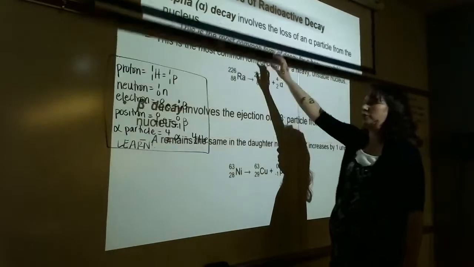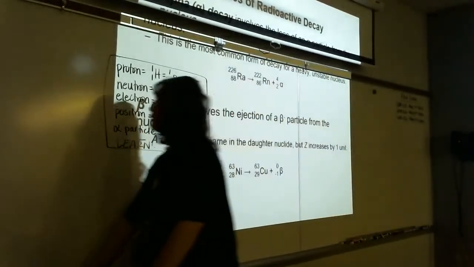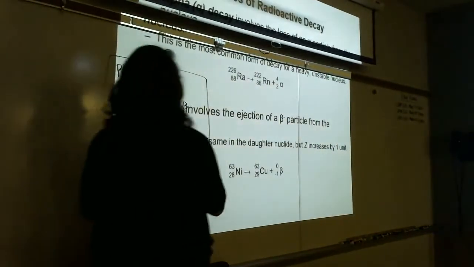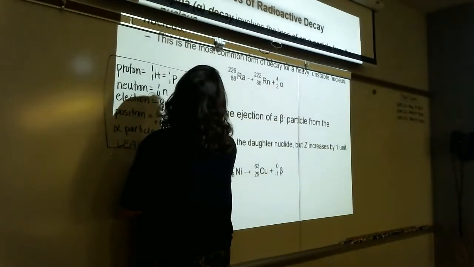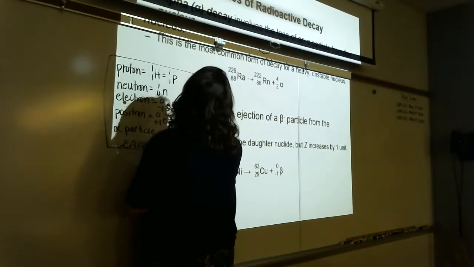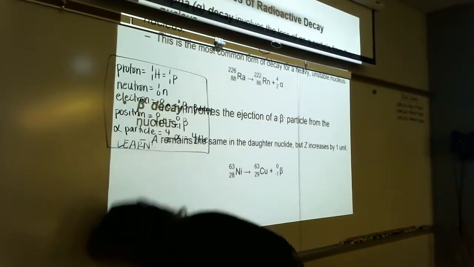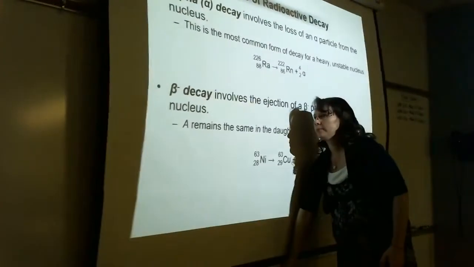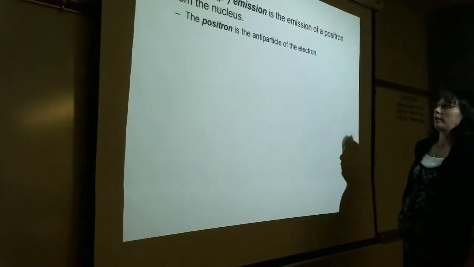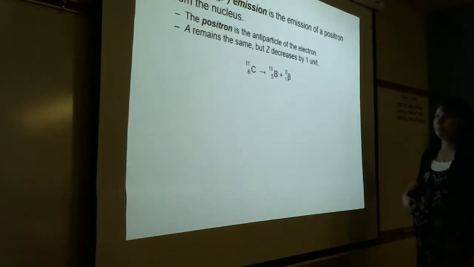So if you're keeping track on your notes, this would be beta decay. Positron emission is when we lose a positron.